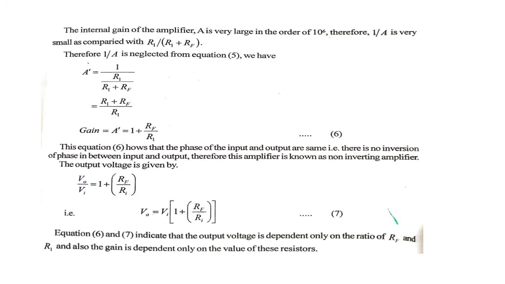That is, V0 equal to Vi into 1 plus Rf upon R1. Equations 6 and 7 indicate that the output voltage is dependent only on the ratio of Rf and R1, and also the gain is dependent only on the values of these resistors.